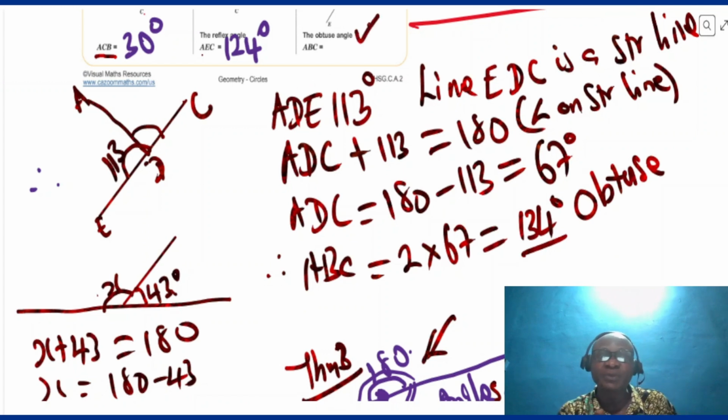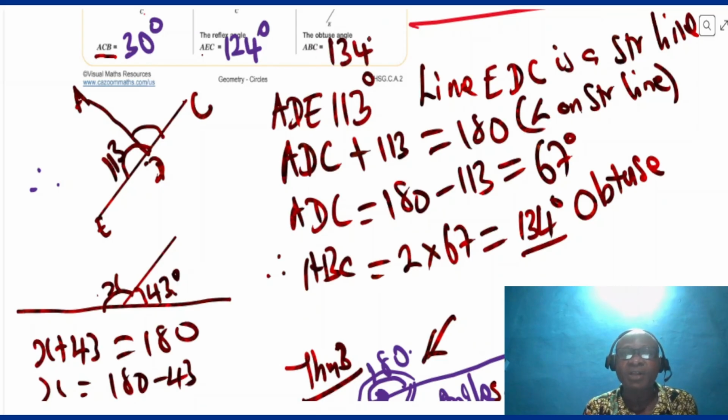What is the meaning of obtuse angle? The angle that is more than 90 degrees and less than 180. In fact, an angle between 90 and 180 is called an obtuse angle. They told us, find the obtuse angle ABC. So what we will write here now is 134 degrees.